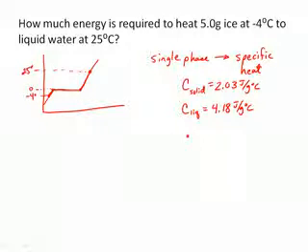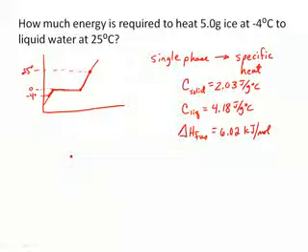Then we're going to melt, so we need a delta H of fusion, which this one gives me as 6.02 kilojoules per mole. Okay? Alright, so now let's look and see what we've got here.